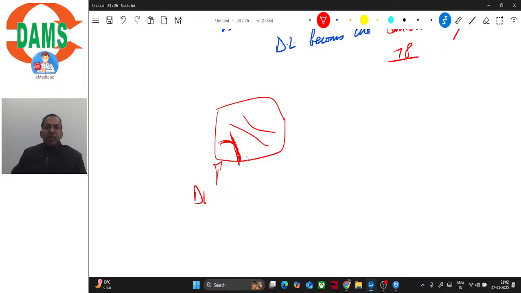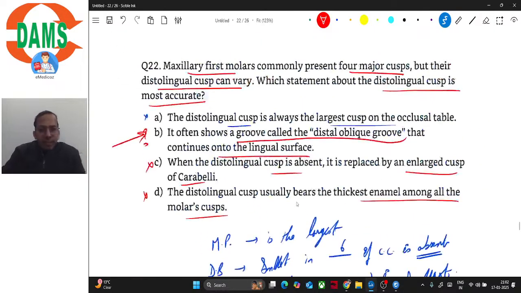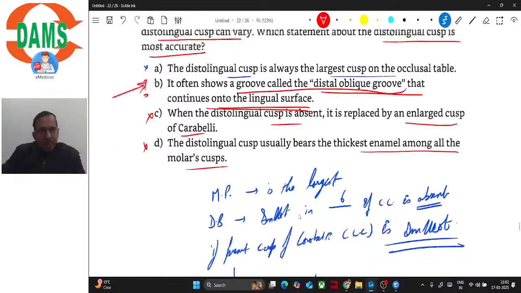It continues on the lingual surface as the lingual groove. So basically, the lingual groove is a continuation of the distal oblique groove, or you can say the distal oblique groove and lingual groove are joined, right? So the distal oblique groove continues onto the lingual surface. So option B is correct.